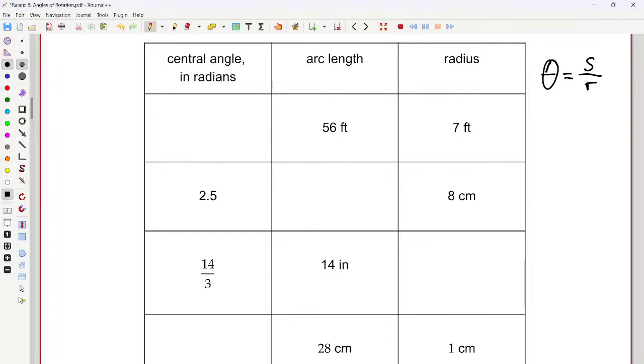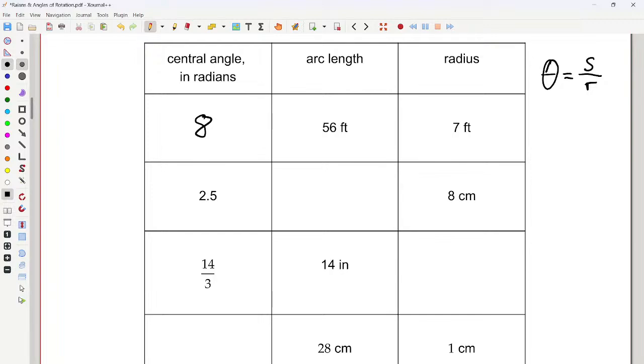Theta radians, not degrees. That would not work for degrees. But this thing called radians. All right, so let's do this. S is 56, R is 7. 56 divided by 7, 8. That's it. Done. Do we put a degree symbol?